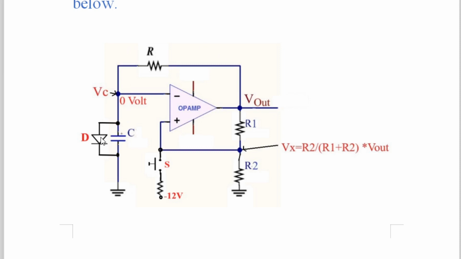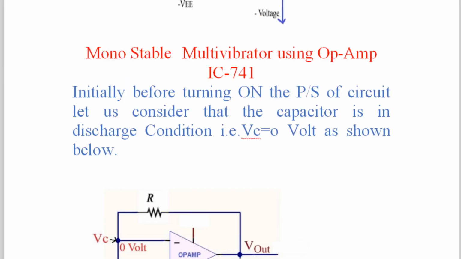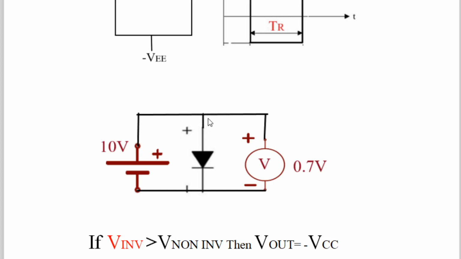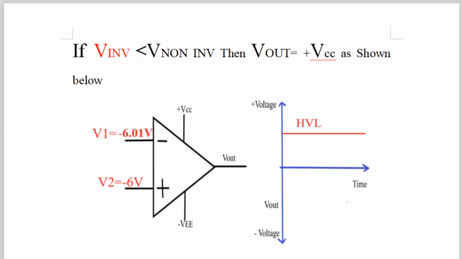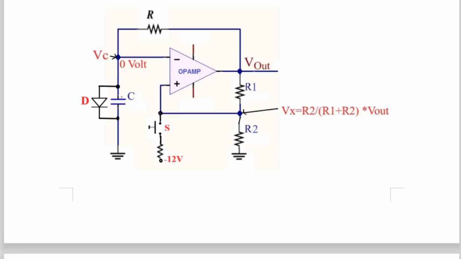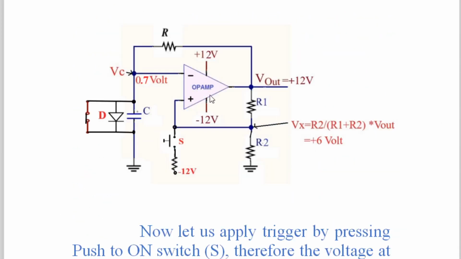Therefore, the voltage across the diode, meaning the voltage between anode and cathode, which I have shown over here, becomes 0.7 volt, and that 0.7 volt is written over here. So the diode is conducting heavily, and therefore it is shown as a closed switch.